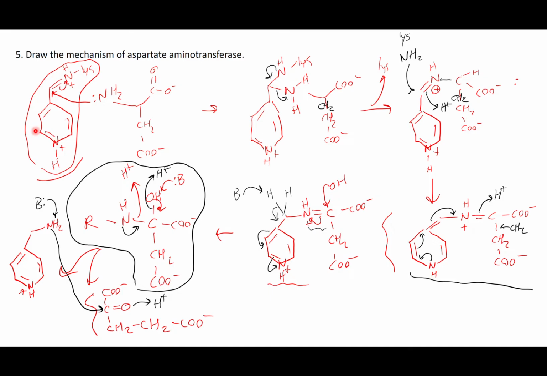Once we have our amino acid covalently attached to the PLP cofactor with an imine, our next step in an aminotransferase reaction is going to be to deprotonate the alpha carbon. I showed you that in the mechanism. If you want to, you can go back and watch how that occurred. And then we proceed on down the line to products.